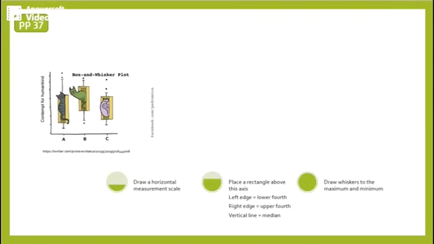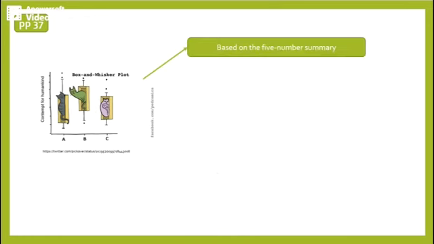Then my box and whisker plot is based on the 5-number summary, which is the smallest value, the minimum, the first quartile, the median, the third quartile, and then the maximum value. Okay, the steps to draw a box and whisker plot.